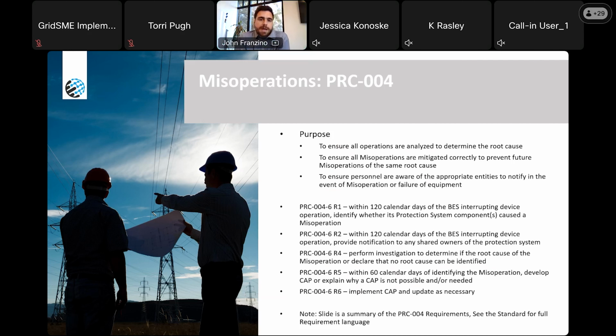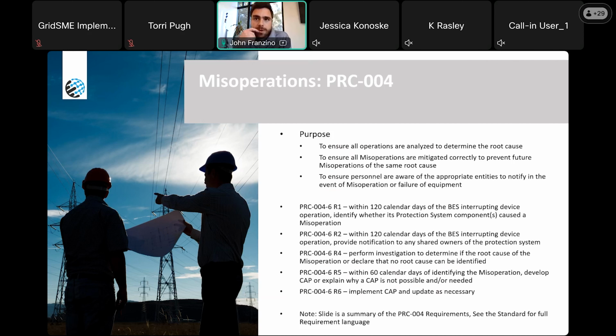So anytime a protection system element operates at a facility, that operation needs to be analyzed to determine the root cause. And we need to have a process in place to make the call and determination on whether that element operated as intended, or was this a misoperation for one reason or another.